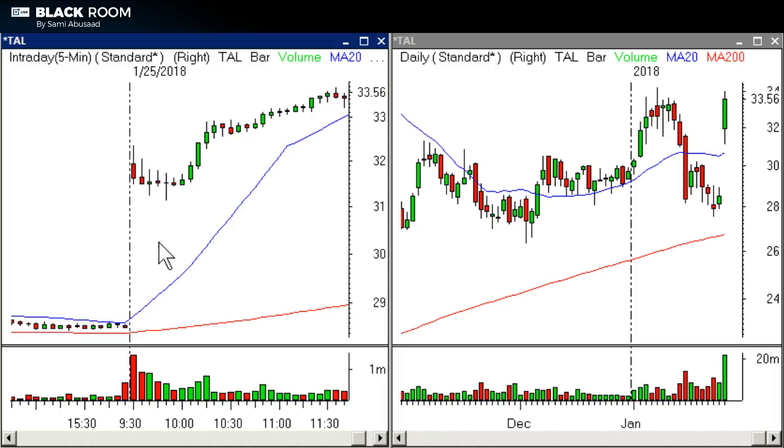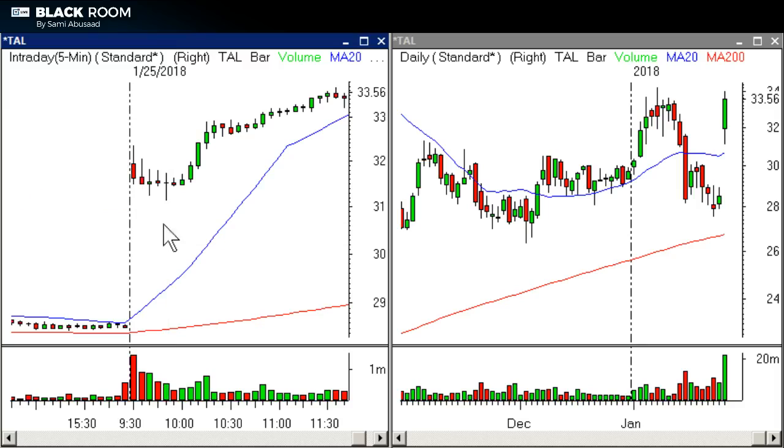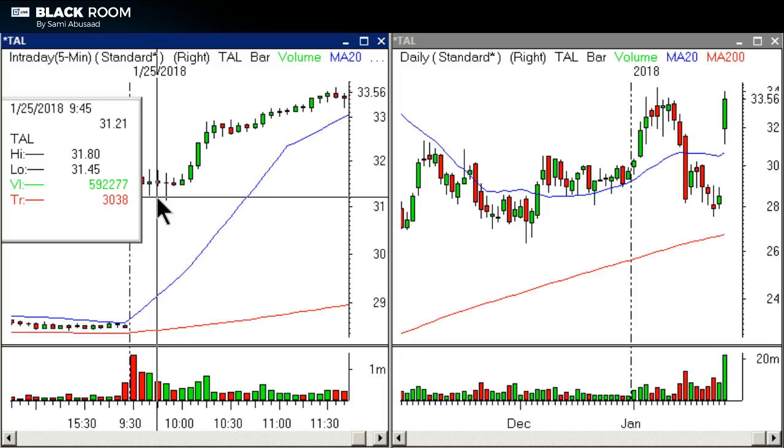But then there is a bar that has normal or even wider than normal range, but has a very small body. In this case, it has no body, meaning the open and the close of the bar are basically equal. So the narrow range bar, which is a smaller version of it, is nice also.